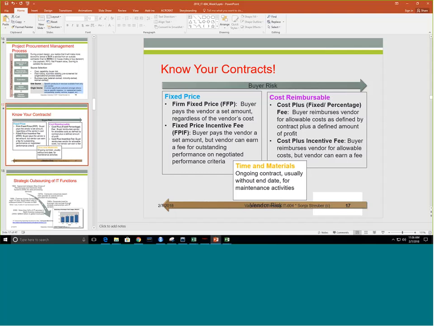So cost reimbursable, on the other hand, is the complete opposite. The cost plus means that every month the vendor submits to the client an invoice, basically. That invoice contains all the allowable costs, and there's usually a cost dictionary in which those are defined.